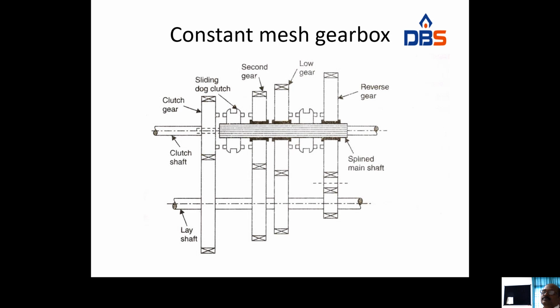Dog clutch means, if we engage the dog clutch, it takes the motion from the main shaft, that is the clutch shaft. Like this, there will be 2 dog clutches.